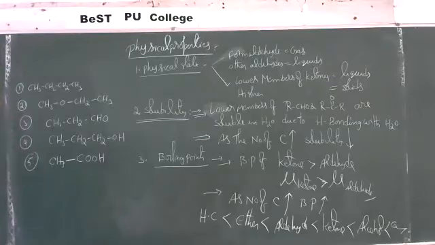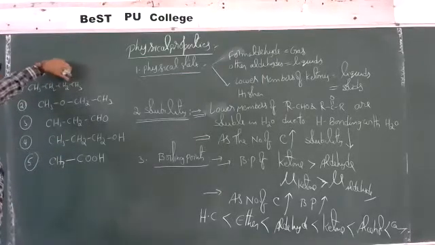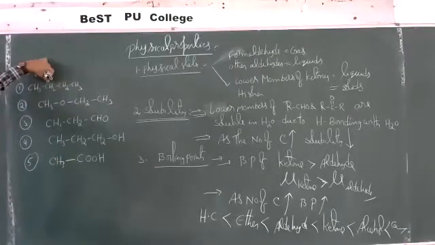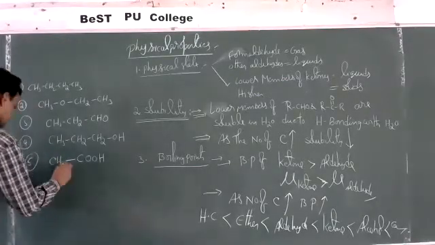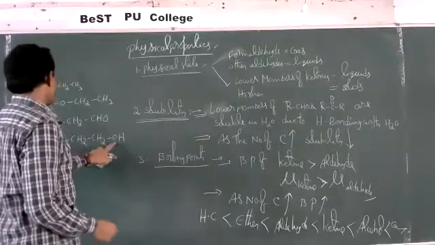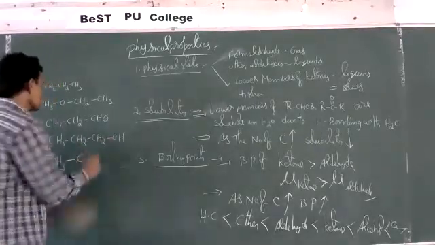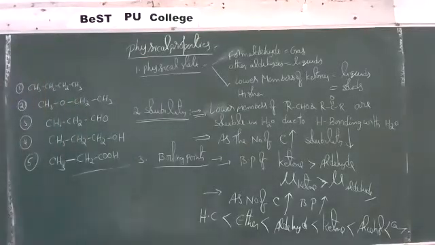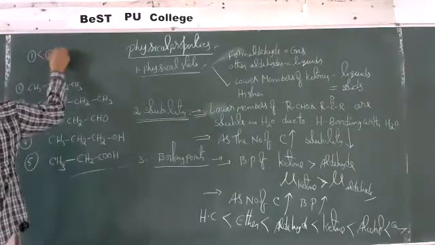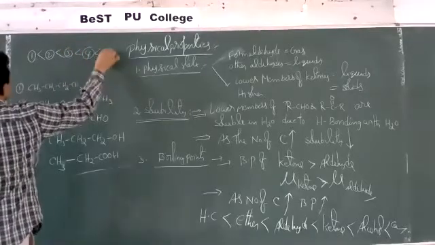All right, now let us see. If you compare the boiling points of these compounds, which have nearly similar molecular mass, not exactly, then the order of boiling points is 1 less than 2, less than 3, less than 4, less than 5.